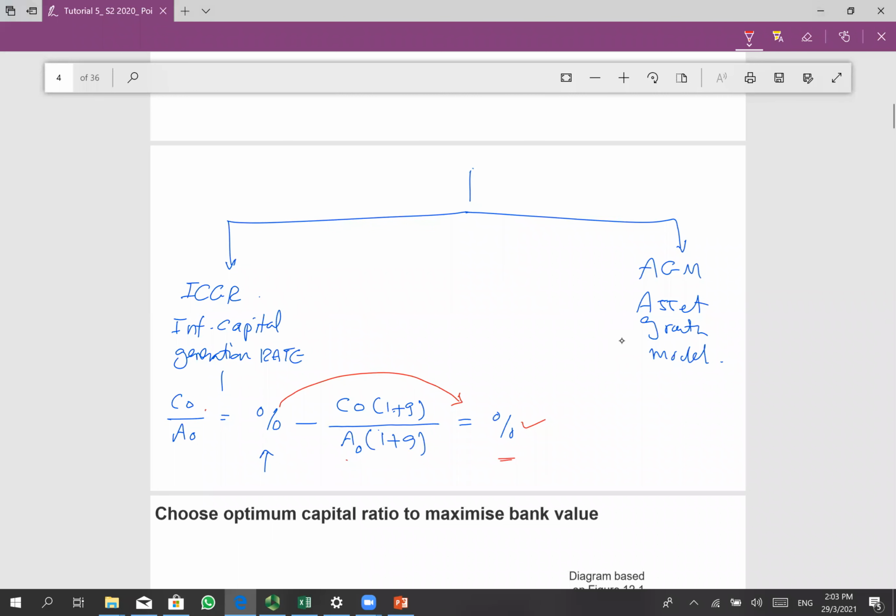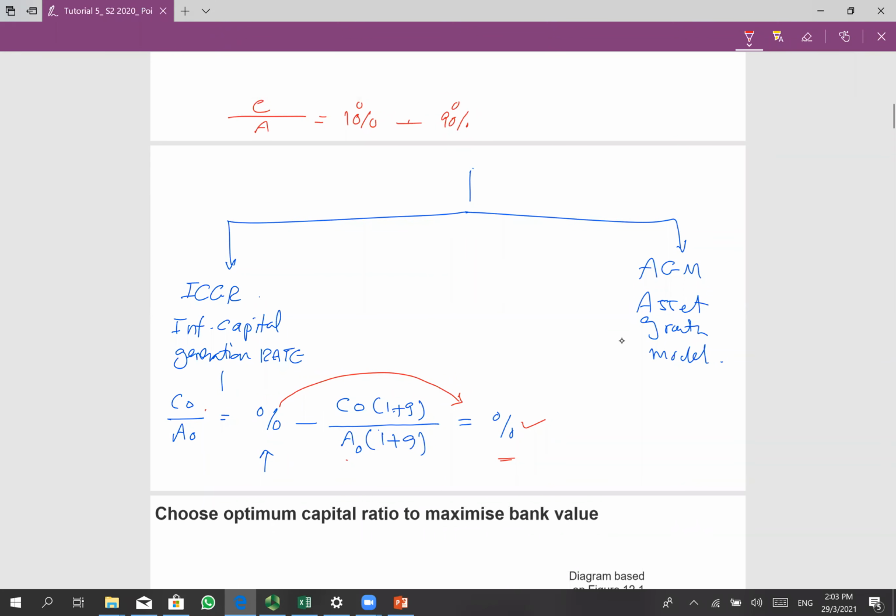The requirement is telling me that I should have, for example, a target capital of say 10% all the time. If you have the capital over the assets, it should be 10%. And where is the 90%? The 90% you can get from liabilities to finance loans.